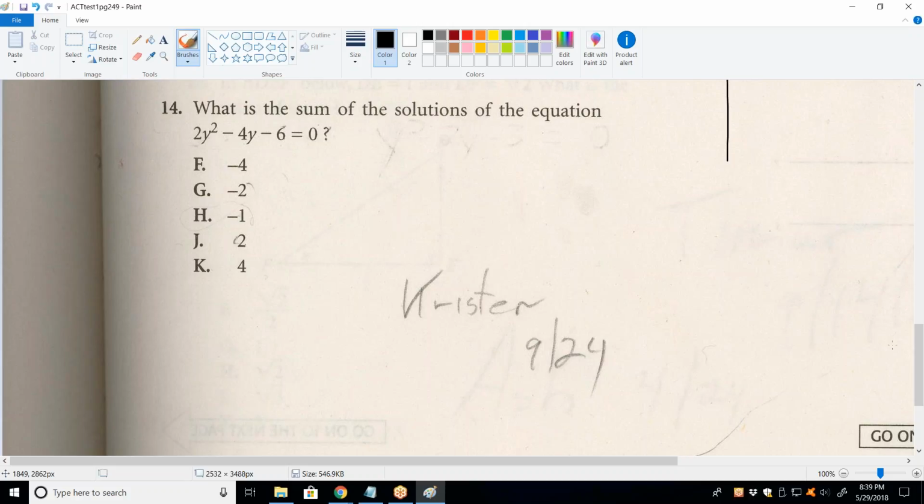Now, whenever you're considering factoring something, always look for the greatest common factor. Well, what can I do immediately? Take out the 2. I'm looking at all even numbers. That's an even number, even number, even number. I know I can divide everything by 2.